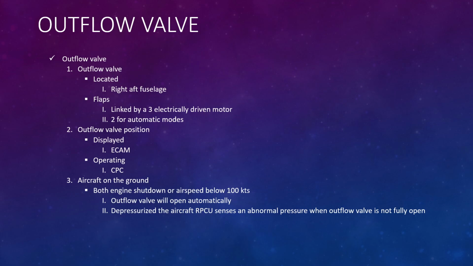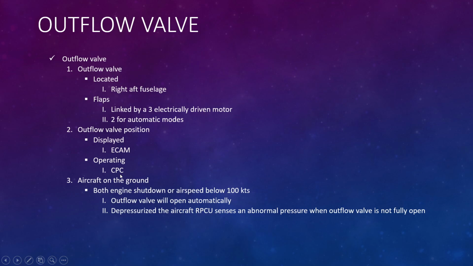In manual mode, we have what we call the manual vertical speed toggle switch. The outflow valve during automatic mode is controlled by the cabin pressure control.